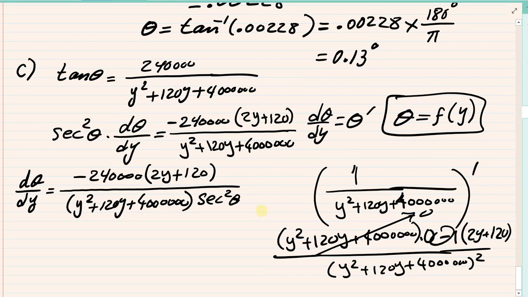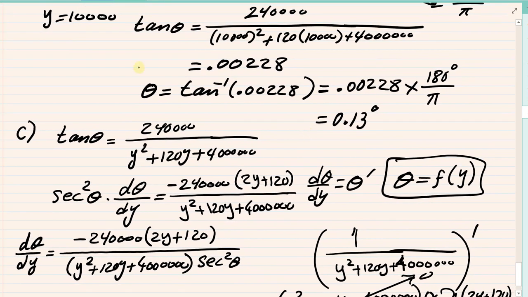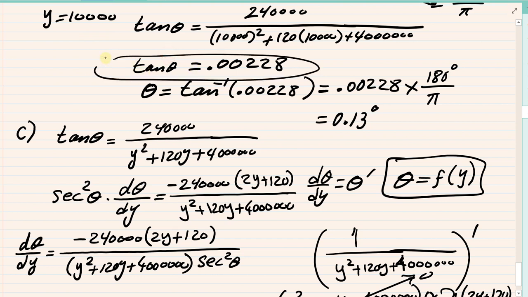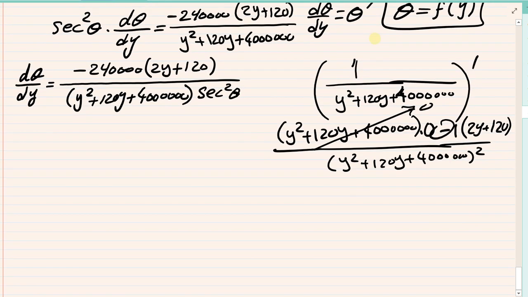We found it right here in part B, because the altitude 10,000, they kept it the same. So we can actually use this expression. Tan theta is 0.00228. That means I can use the Pythagorean identity for the denominator.